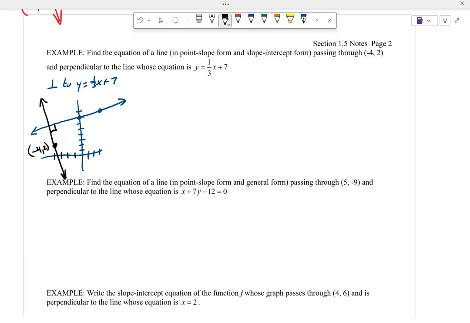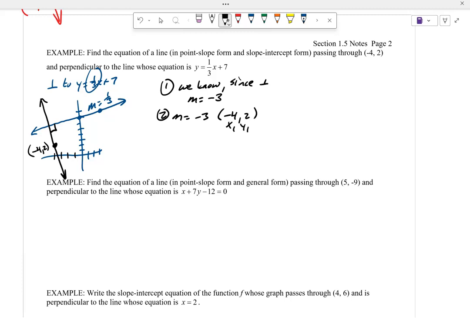But it's perpendicular this time. Well, we know the slope of the blue line is 1/3. Since these lines are perpendicular, the slope of the black line would be, I flip that 1/3 over to 3 over 1 and change the sign, so -3 over 1. So that's the slope of the black line. We have a slope of -3 through the point (-4, 2).